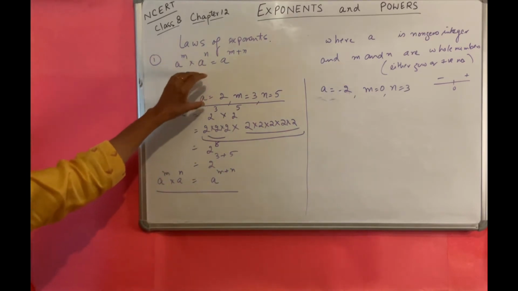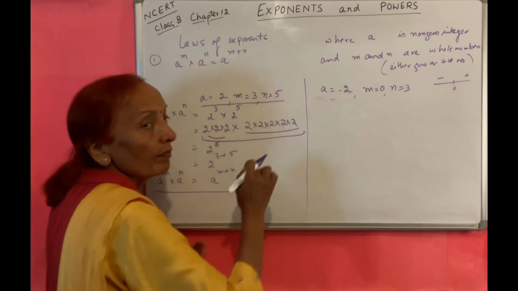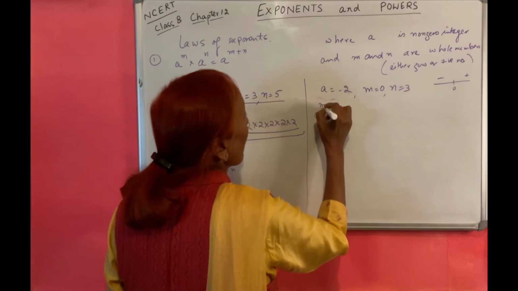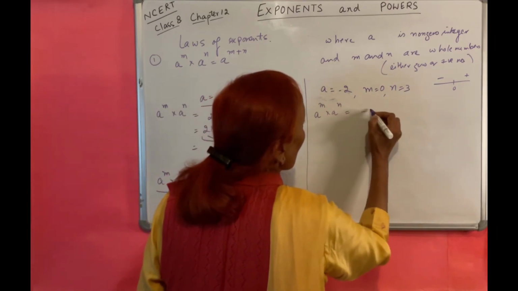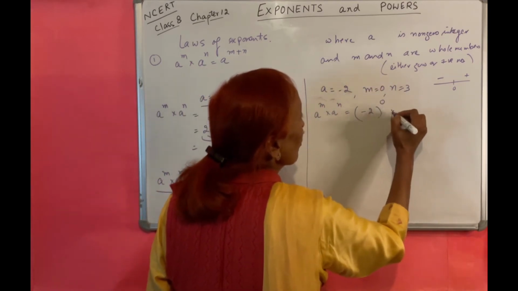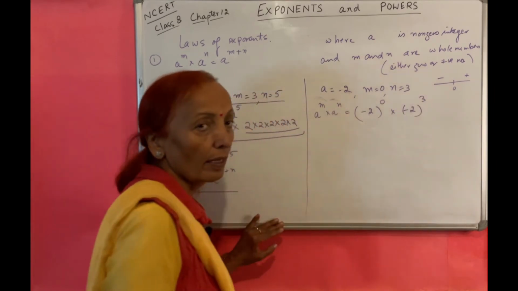In this case it is true. Second case, we have taken the negative integer. So a raised to power m into a raised to power n: a here is minus 2, raised to power m is 0, into a is minus 2, n is 3, right?